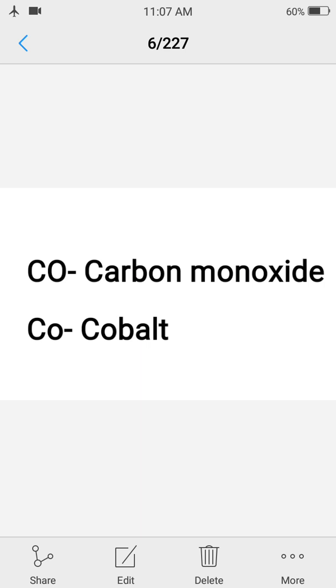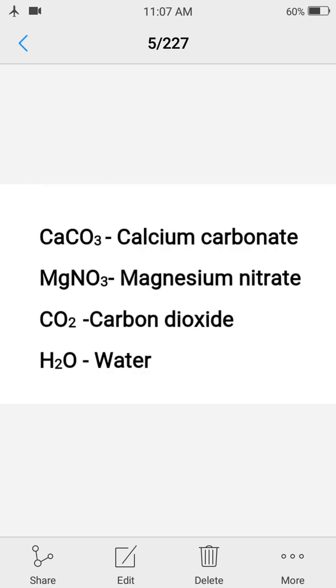So, symbols are the shorthand representation of elements, and a formula is the shorthand notation or representation of compounds like calcium carbonate, magnesium nitrate. Here you can see CaCO3, calcium carbonate, MgNO3, magnesium nitrate, carbon dioxide, CO2, water, H2O.